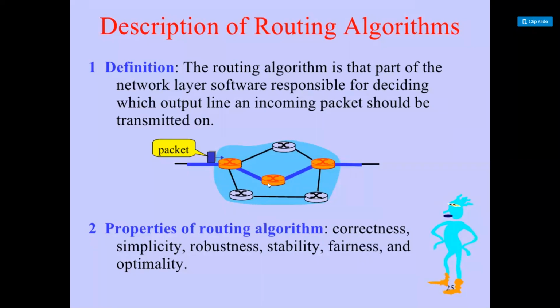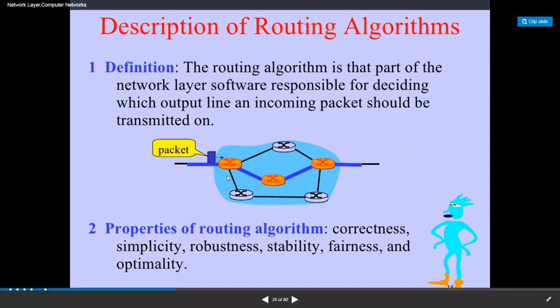I'm repeating once again: the routing algorithm means the router is responsible for routing the incoming packet. It needs to decide on which output line. Here we have 1, 2, and 3 output lines. This particular router in the carrier's equipment is connected to the host.